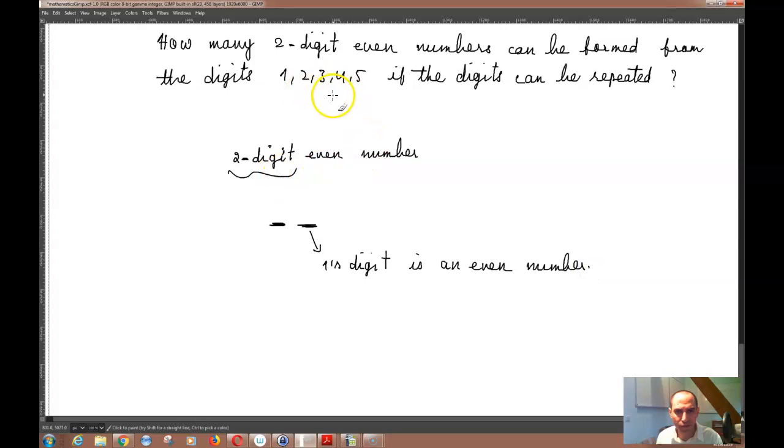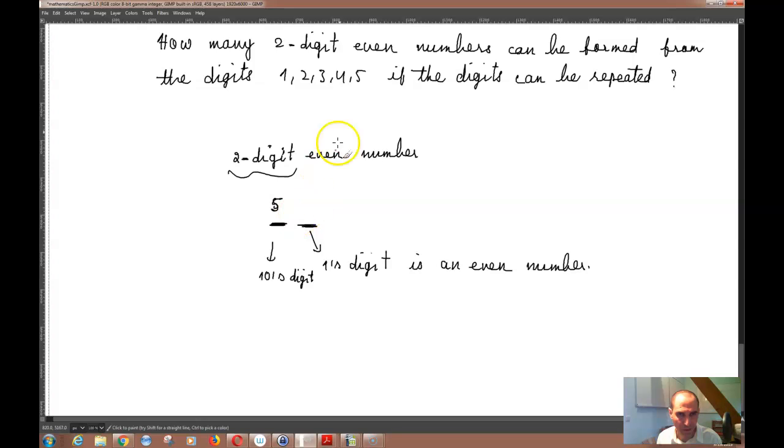Since you're allowed to repeat your digits, if you take any of these digits in the tens place, this is the tens placeholder, or the tens digit, you're allowed to use the exact same number in the ones digit, because you can repeat your numbers, right?